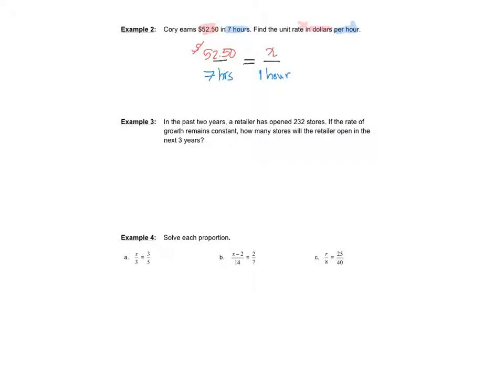And now that I have my proportion, I can cross multiply. So I get 7x equals 52.50. I can divide both sides by 7, and x is equal to 7.5, which is $7.50.